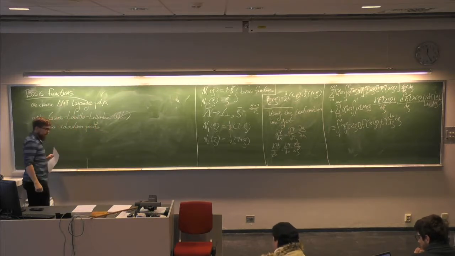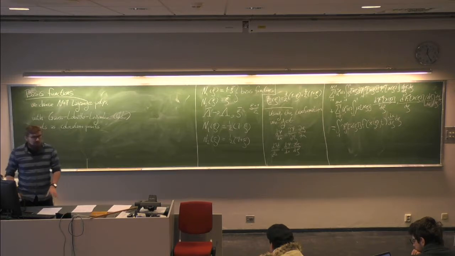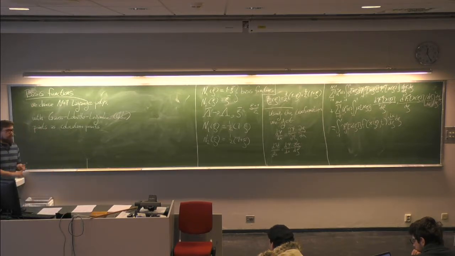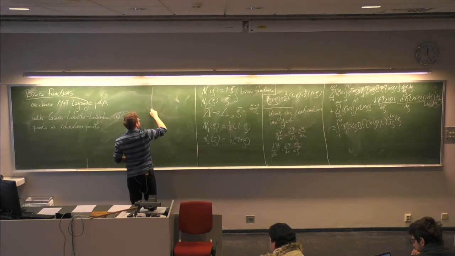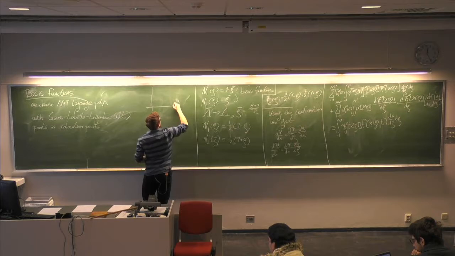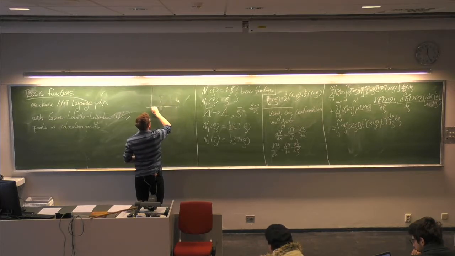Okay, so earlier when we did interpolation, we had Gauss-Legendre points. So this is some repetition. Say we have some kind of interval here, kind of our basis element.